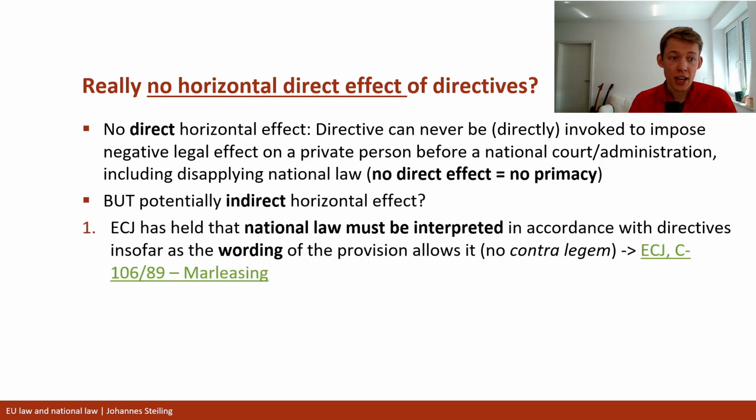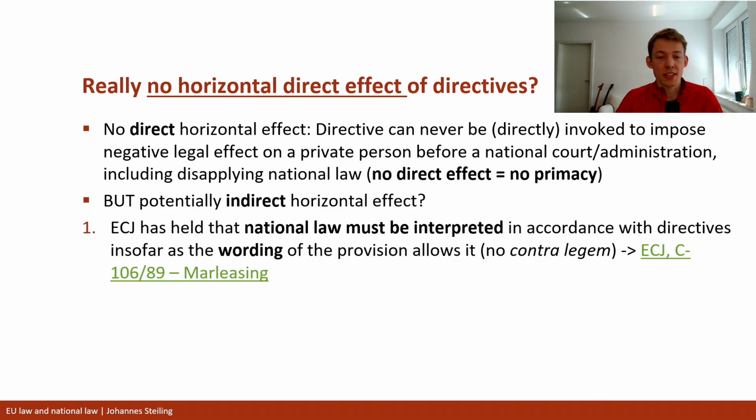And the ECJ has held that only if the implementation deadline has passed, this is really important, national law must also be interpreted in accordance with a directive that has not been implemented into national law. So if the implementation period has passed, then we must interpret our whole national law according to the directive as far as possible, right?